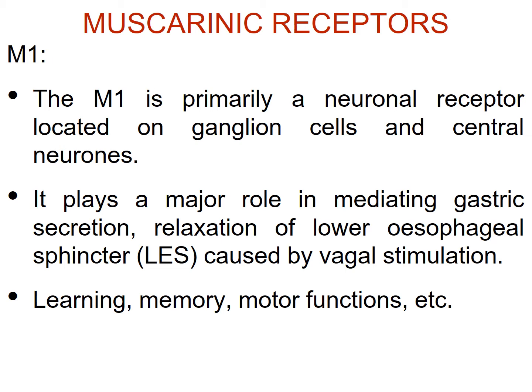It has also shown its role in learning, memory and motor functions. The subtype selectivity of antagonist has shown some antagonists which have selectivity to the different subtypes. So we have found a M1 selective antagonist, that is pirenzepine.